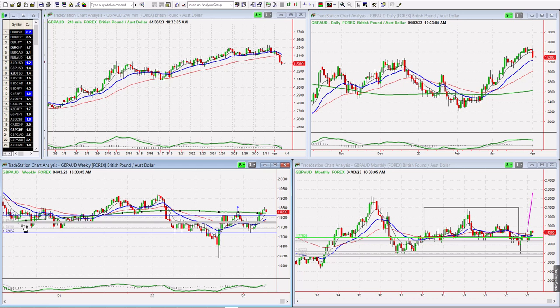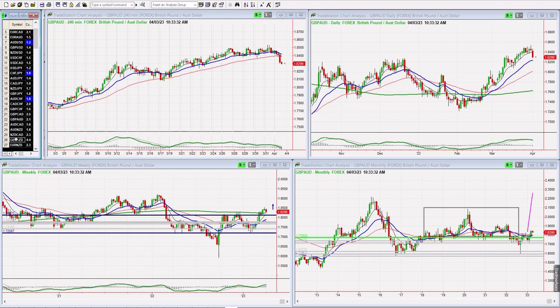Like price, 200 acts like a magnet, and the price is playing with the 200 till it has the power to break away. When it breaks away, we have a stop run level, another one, and another one. So that as well has very good bullish momentum for a good number of years to come.